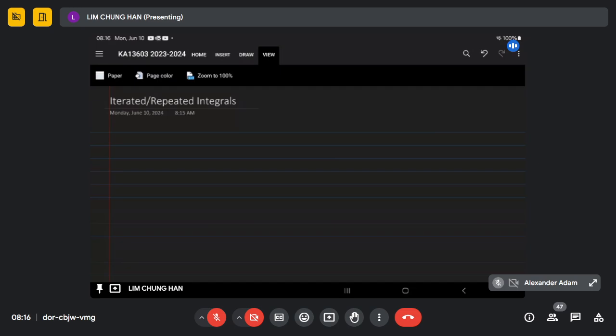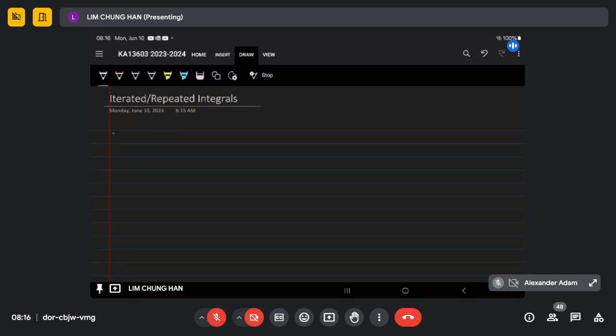So when we're looking at iterated or repeated integrals, you're talking about double or even triple integrations.